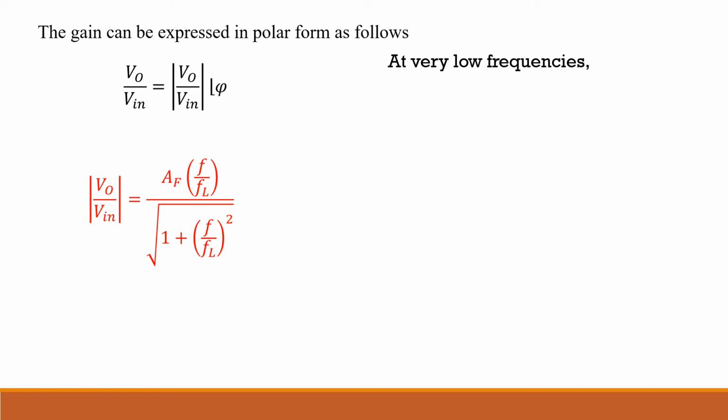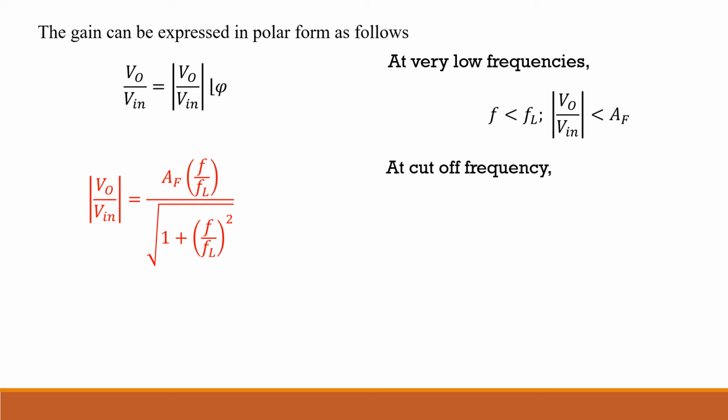What will be the case at low frequencies? When f is less than fL, the magnitude of the gain will be very small, because the denominator term will be large. When the denominator term is more, the magnitude decreases. So the magnitude of V0 by Vin is very less.